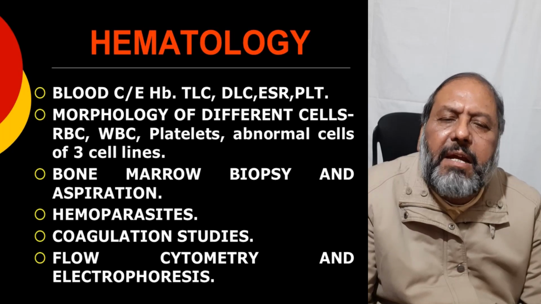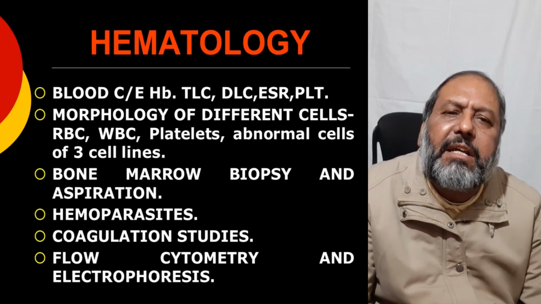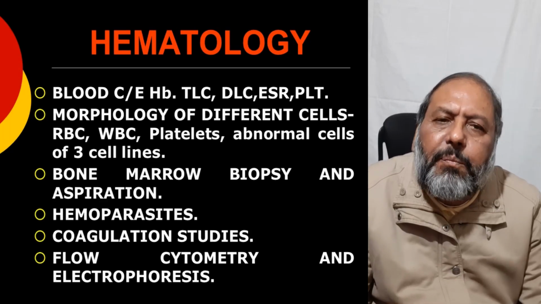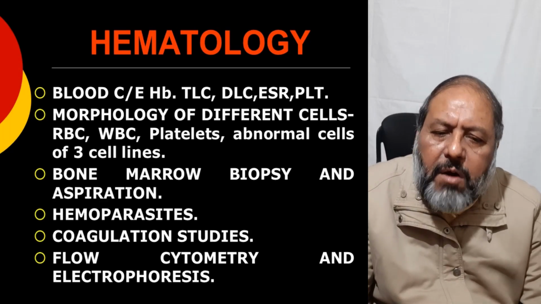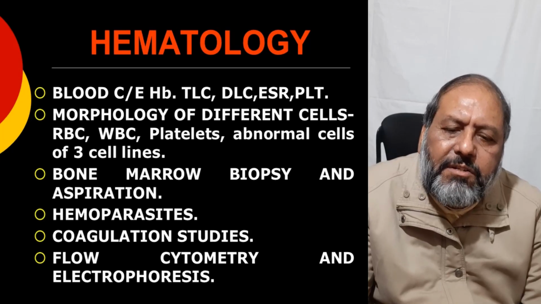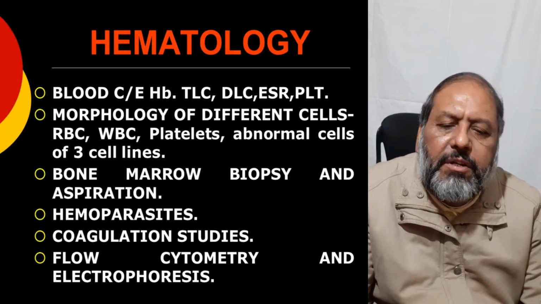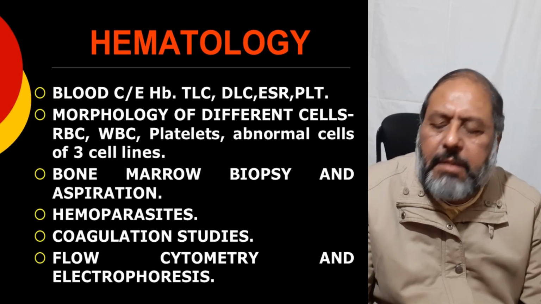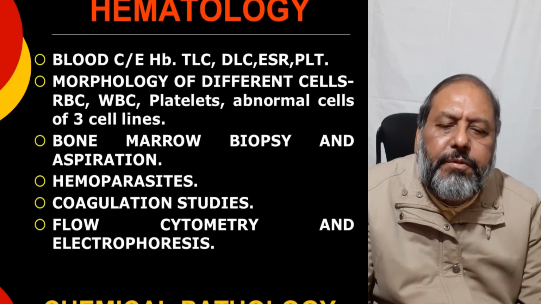Bone marrow biopsy and aspiration, material taken from the bone marrow and studied. Then hemoparasites, the parasites found in the blood, coagulation studies, flow cytometry and electrophoresis. These are all covered under the heading of hematology.